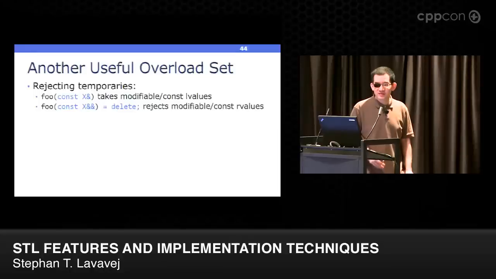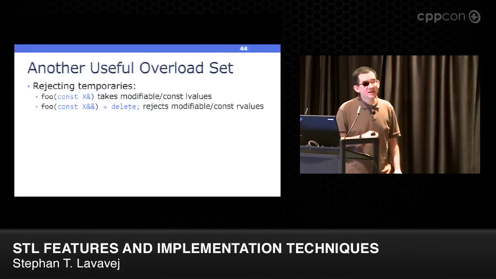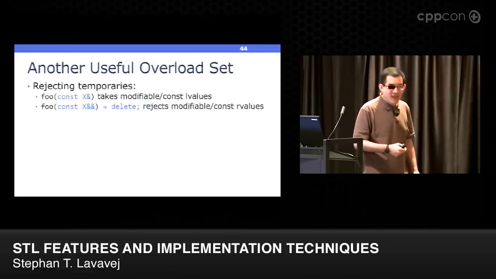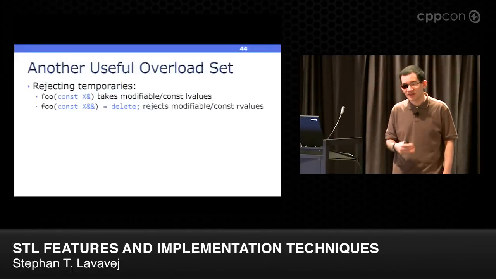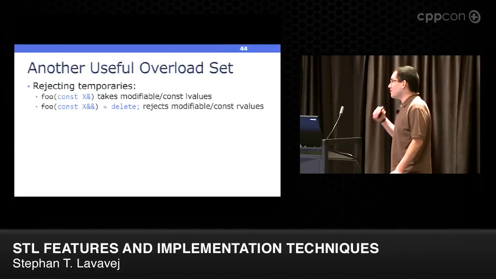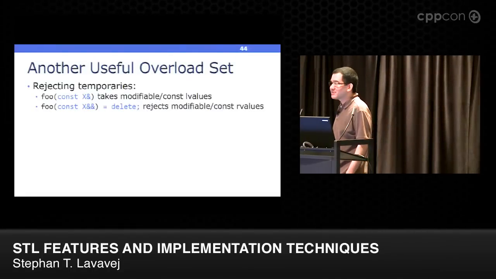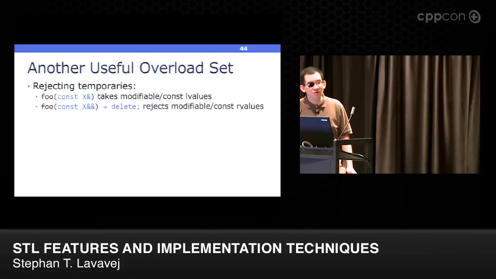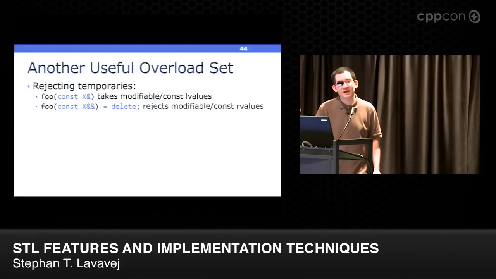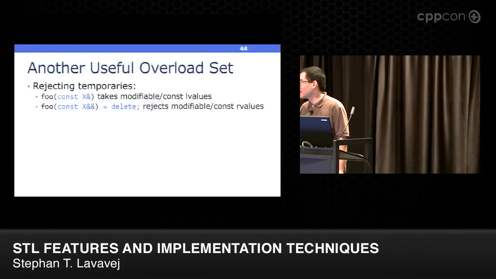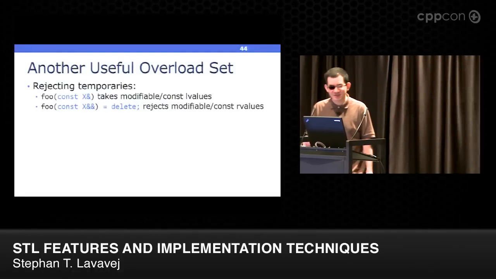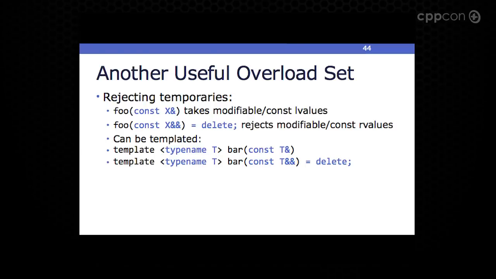But if you're passed temporaries, then you have another overload: foo taking const X ref ref, and you delete this one using C++11's deleted functions. This ensures that if the user gives you an rvalue, some sort of temporary expression, it is absorbed by this deleted overload, which will trigger a guaranteed compiler error. This says, you're giving me a temporary, but I want to get pointers or something into this thing, and that temporary is going to be destroyed really soon. So maybe you should rewrite your code.